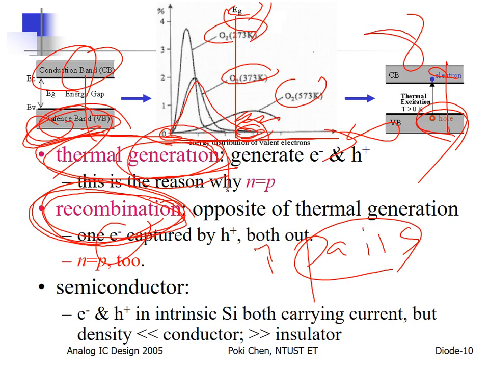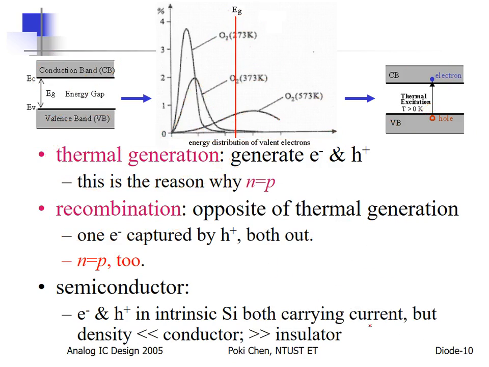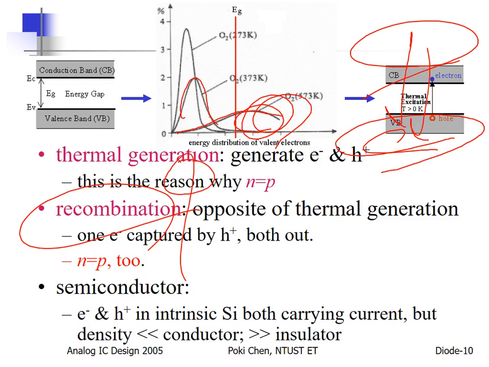If I increase the temperature, from this one to that one, wow, a lot of electrons will become free, right? Bingo, yes. But the more free electrons here, the more holes here, and it will be easier for the holes to capture free electrons. So the recombination rate will also increase. Finally, you will get another balance.